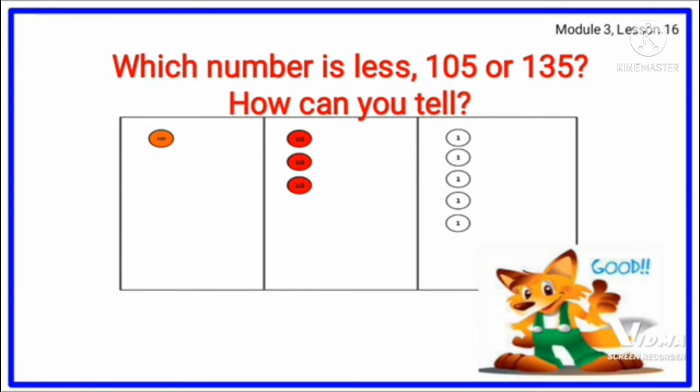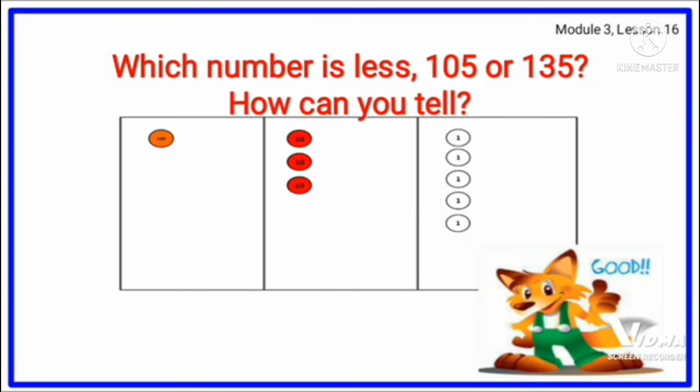Which number is less, 105 or 135? How can you tell? Of course, 135 is more than or greater than 105. So 105 is less than 135. How did I know? Since the two numbers have 100, I compared the tens.